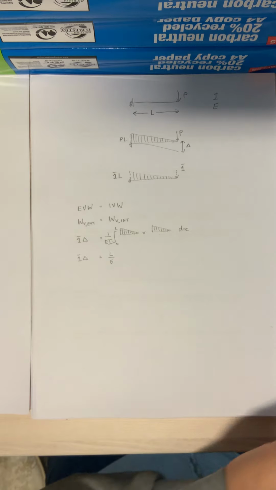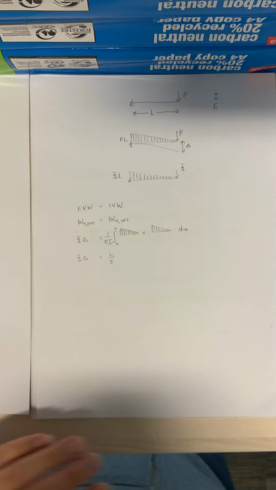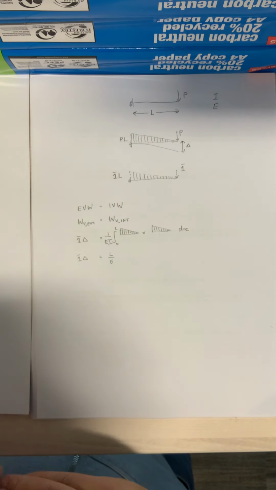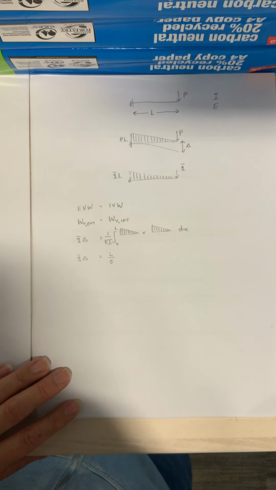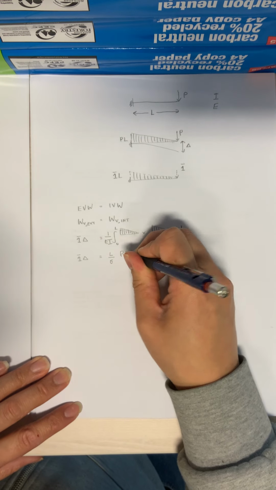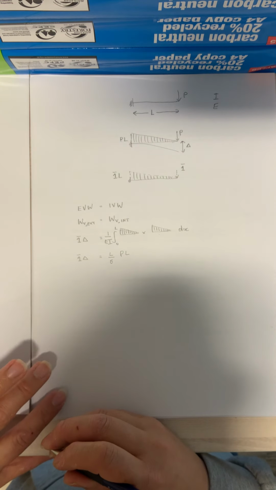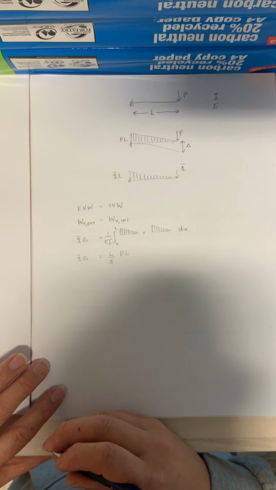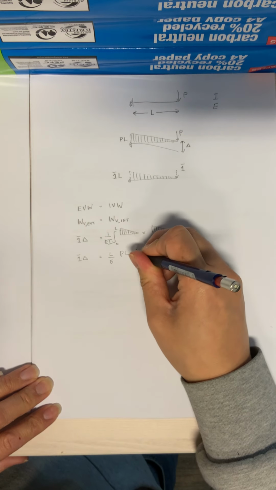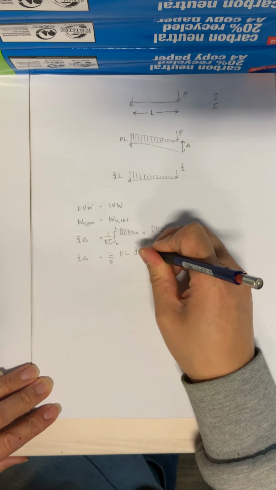So let's substitute that into the equation. We multiply A2 times A3, and that's going to be equal to PL, which is your A2, multiplied by 1 bar L, which is your A3.